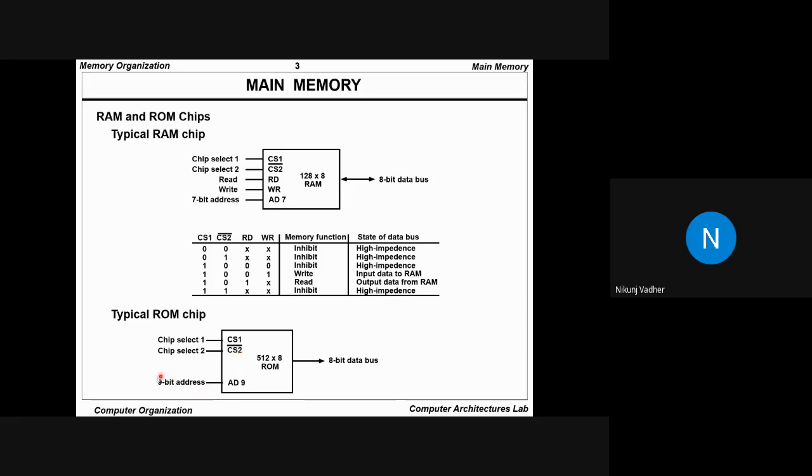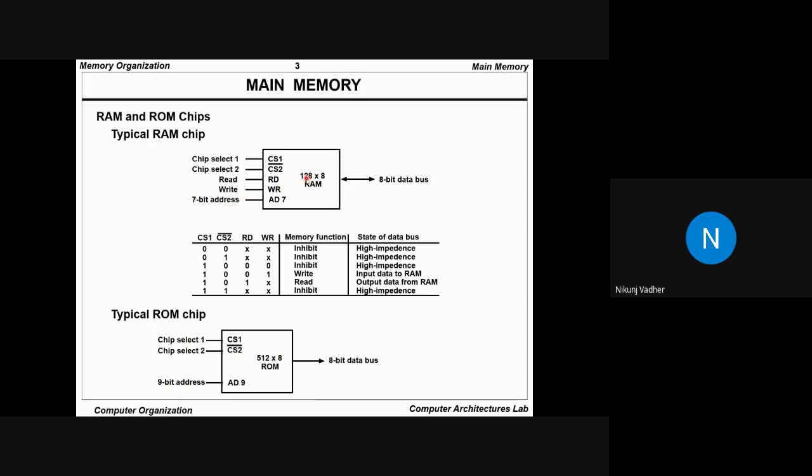Then whatever 9-bit address we give, the content stored at that 9-bit address will be directly transferred to the data bus. Now, the number of bits in the address depends on the size of the chip.